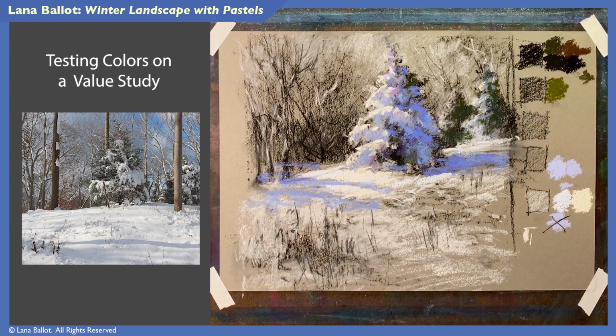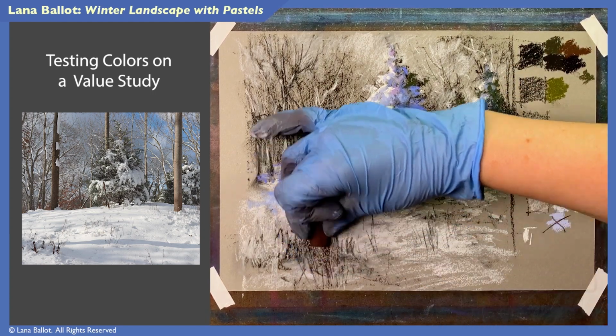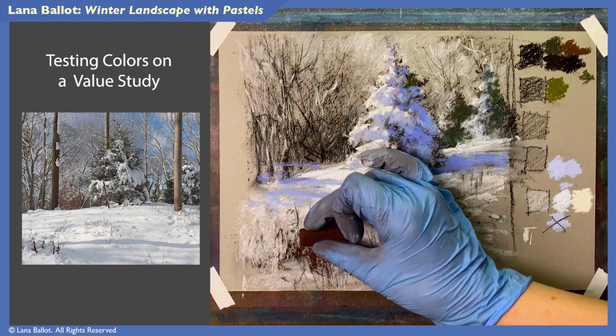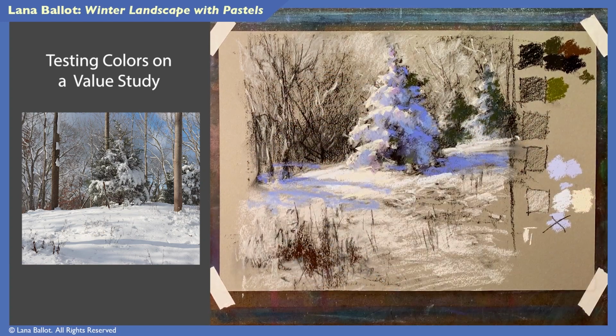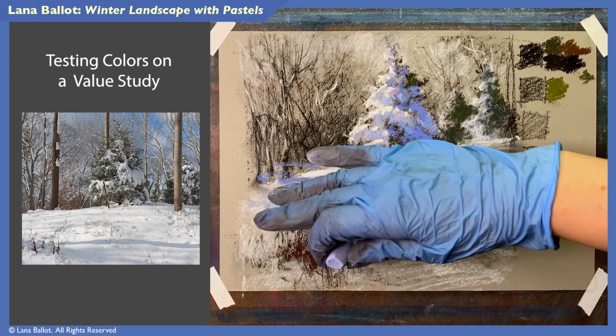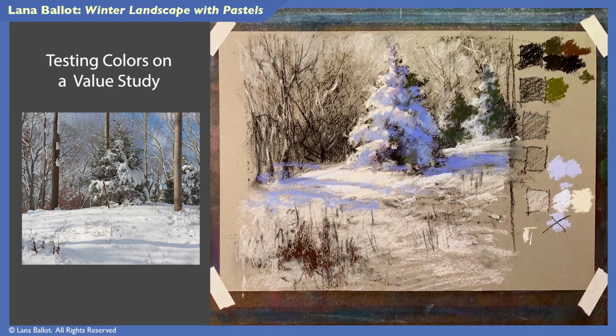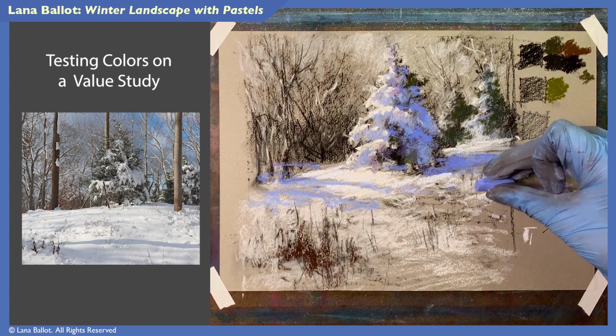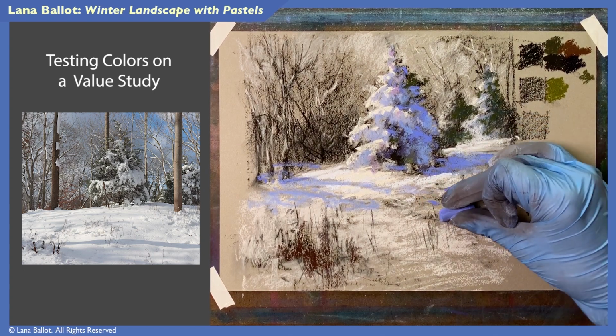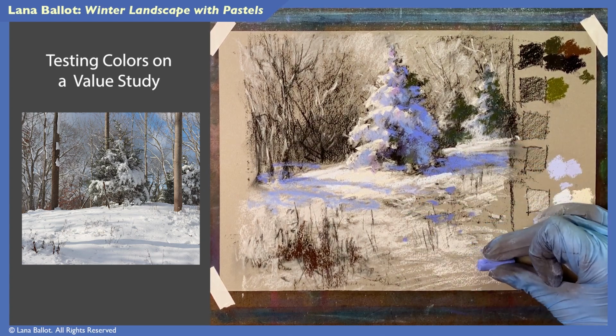For the grasses, I want to add some of this kind of maroon color, but not just sticks. I want to mass it in a little bit so that later I can carve with my lighter snow color or the darker snow shadows, carve into that.